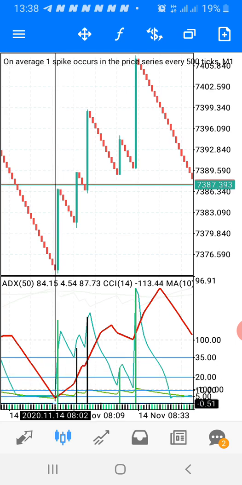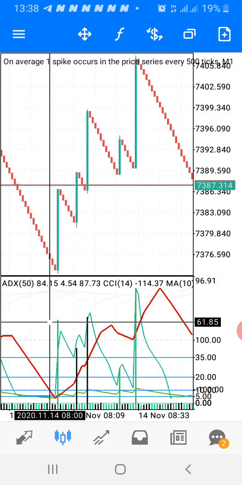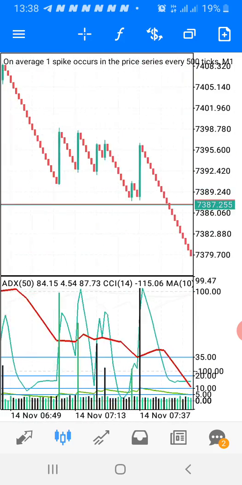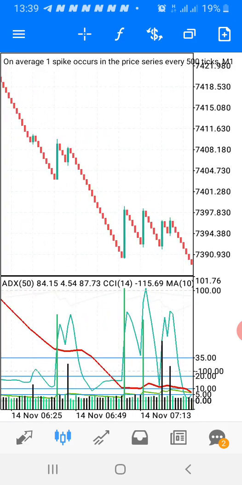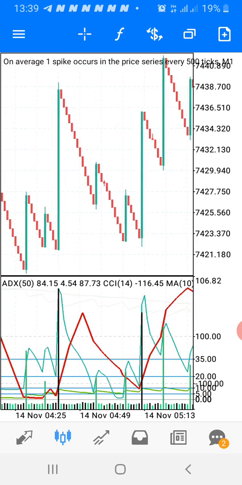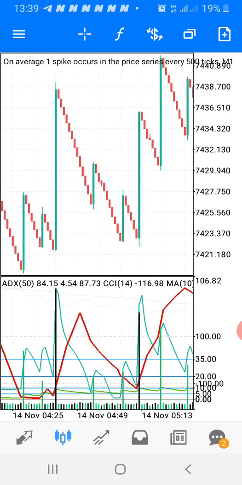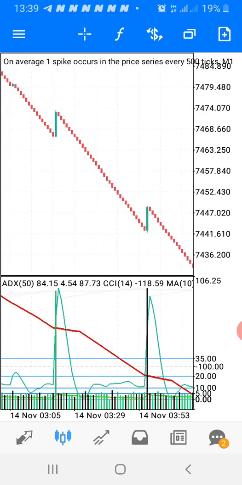So that's how it works. Cross below, you buy at the oversold level. So see, for this spike, it crossed below at the oversold, you buy. So that's how this strategy works.